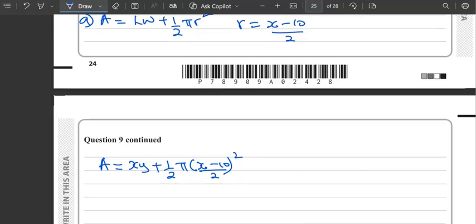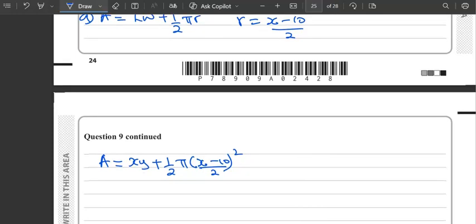So what we can do, we can simplify the denominator of what is in the bracket, so that we'll have the area as equal to xy plus half pi into (x minus 10) squared. Of course 2 squared gives you 4, so this one is over 4.